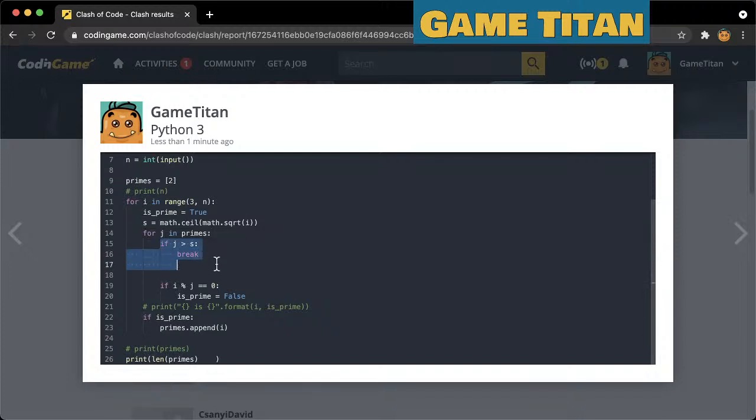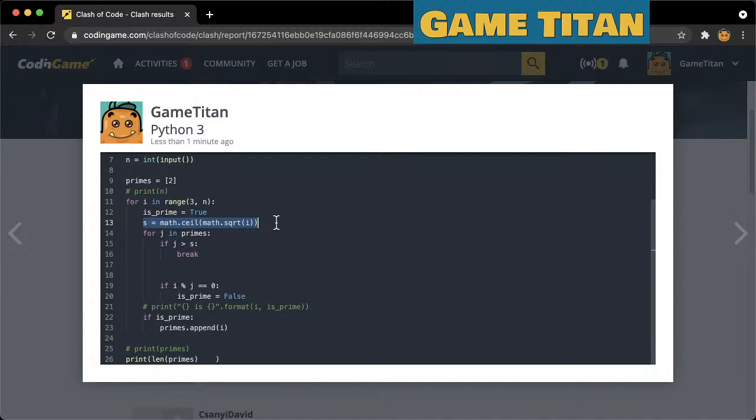I had to add this in because when I didn't have it, the code was running too slowly on one of the test cases. What this is doing is saying that the biggest number that could possibly still divide i is going to be the square root of i. That's the number that, when you multiply it by itself, is going to equal i.